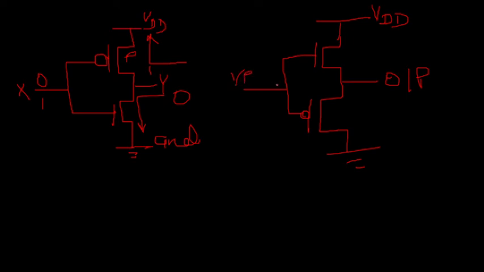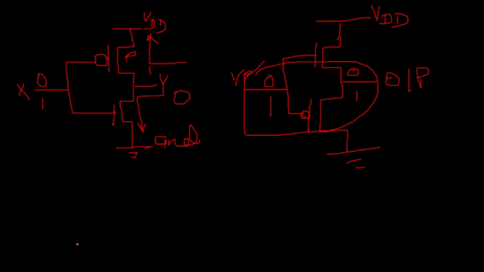At that time, when the input is 0, your PMOS will turn on and the output will connect to ground. That means your output is also 0. When the input is 1, your NMOS will turn on, PMOS will turn off, and the output will connect to VDD and the output will be 1. So that means it is behaving as a buffer, but still it is not used.